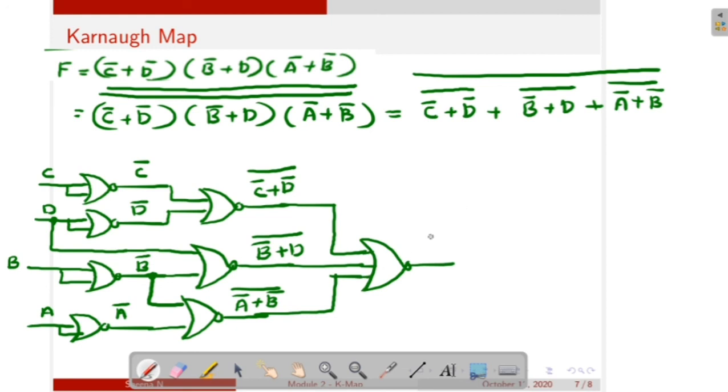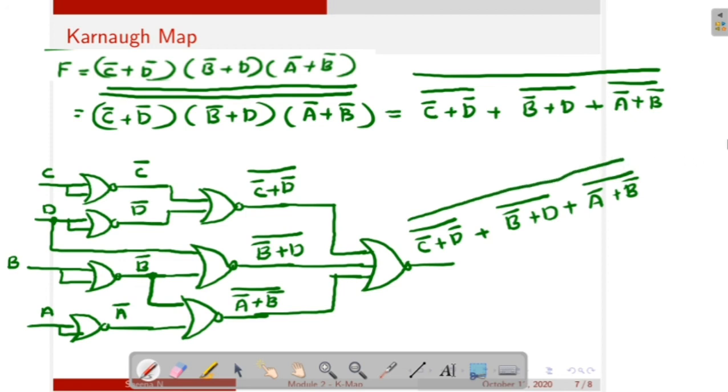So here we have C bar plus D bar whole bar plus B bar plus D whole bar plus A bar plus B bar whole bar, whole bar. So this is the implementation using NOR logic.